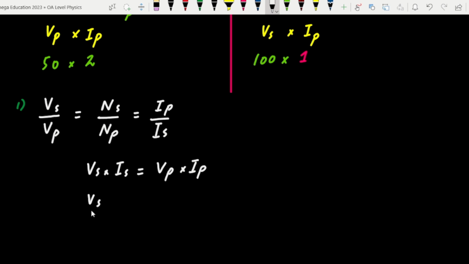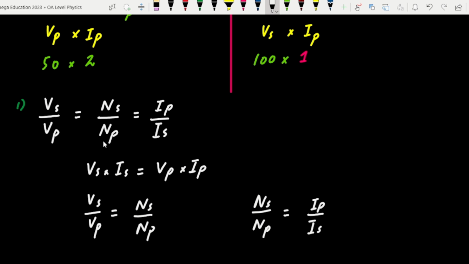Then the other one, Vs over Vp equals Ns over Np, and you can also write it as Ns over Np equals Ip over Is. Or even Vs over Vp equals Ip over Is, which would then once again be the same thing.